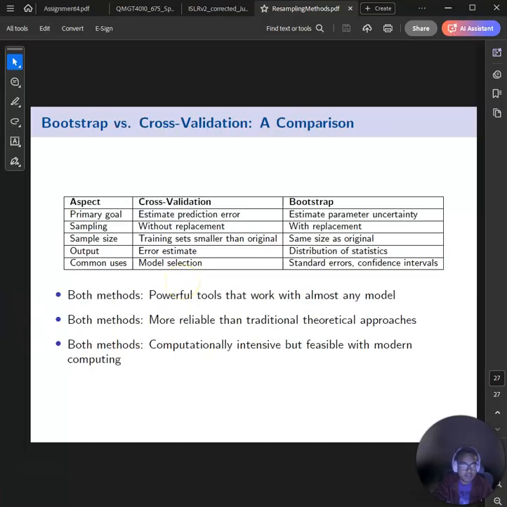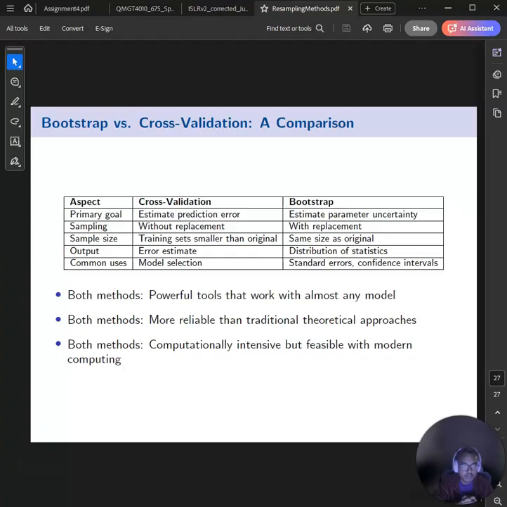So let's wrap up by comparing bootstrap and cross-validation side by side to understand when to use each method. The primary goal of cross-validation is to estimate prediction error, how well our model will perform on new data. Bootstrap, on the other hand, focuses on estimating parameter uncertainty, how reliable our coefficient estimates are. Cross-validation samples without replacement.